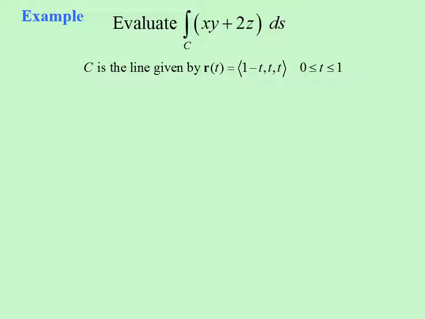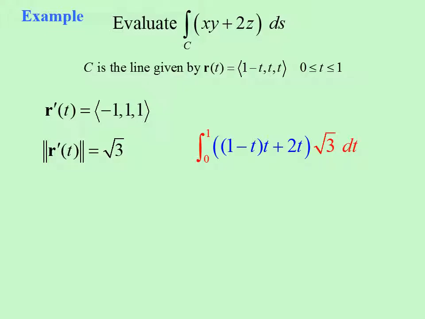I'm not going to bother drawing the graph of that. However, same process. We're going to replace the x with 1 minus t, y with t, z with t. We're going to replace the ds with the square root of 3 dt. And then we can evaluate that integral.